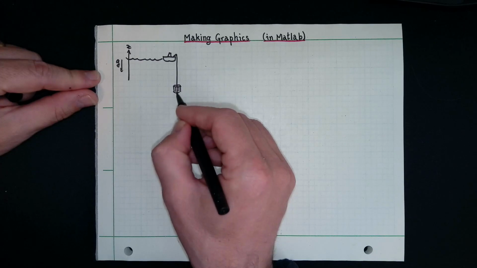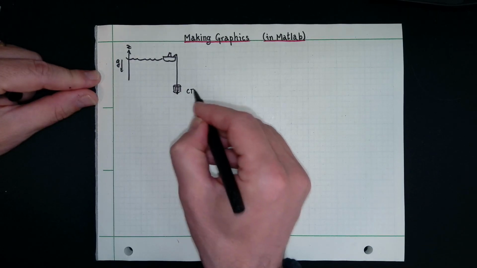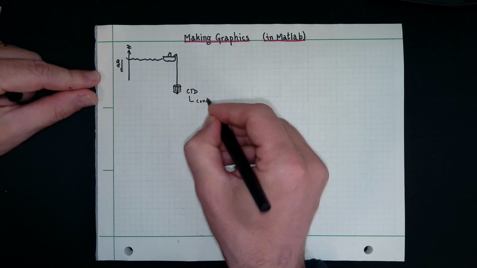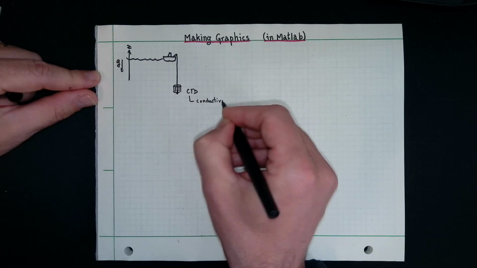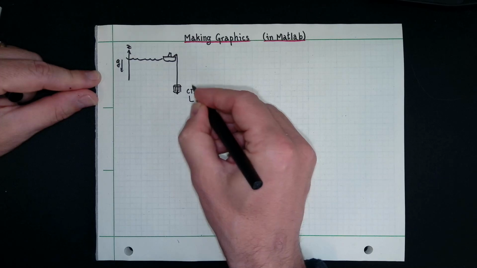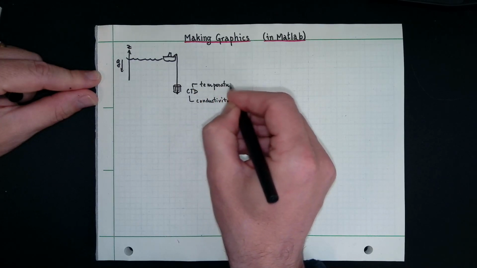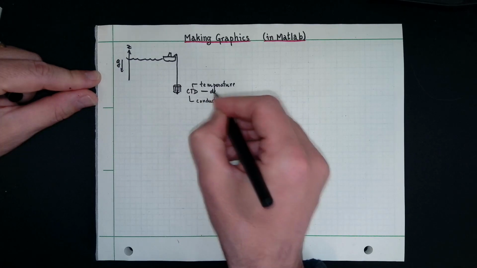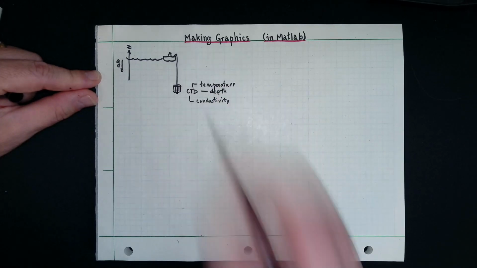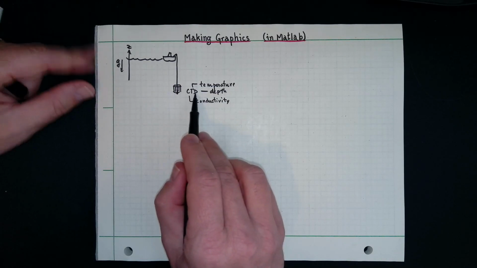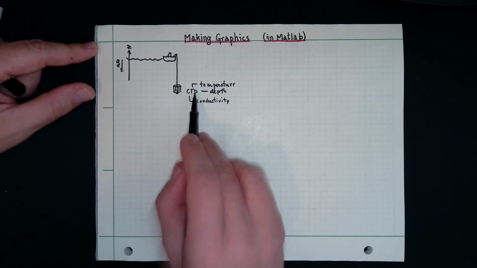And there's also an instrument called a CTD. The C stands for conductivity, the T stands for temperature, and the D stands for depth, and it's really measuring the pressure, but there's a very close, nearly linear relationship between depth and pressure in the ocean.